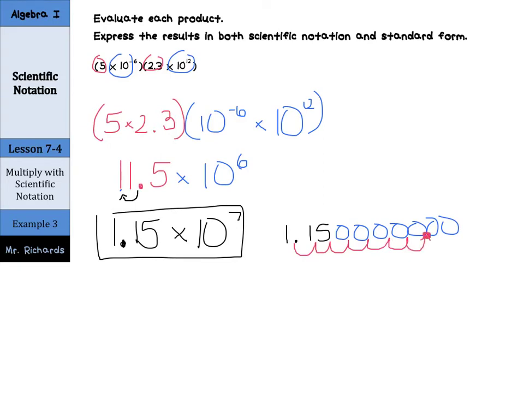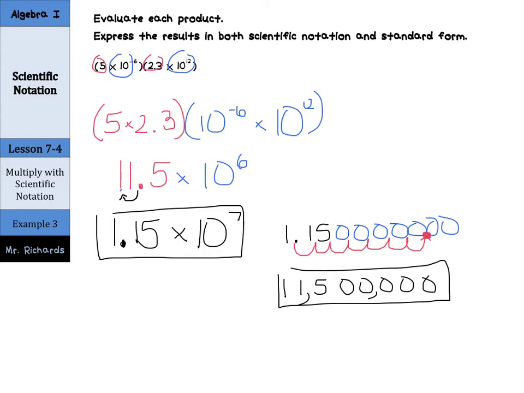It's going to go right there. So 1, 1, 5, 0, 0, 0, 0, 0, comma there, looks like 11,500,000. So our solution: 1.15 times 10 to the 7th and 11,500,000. Same number, one in scientific notation, the other in standard form.